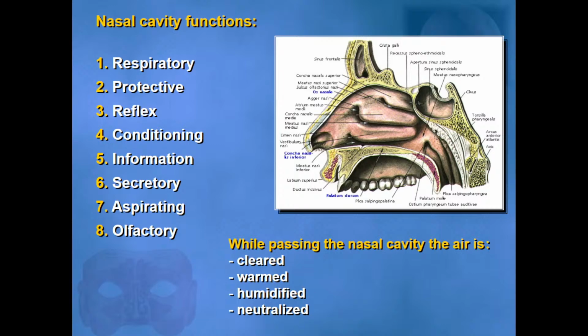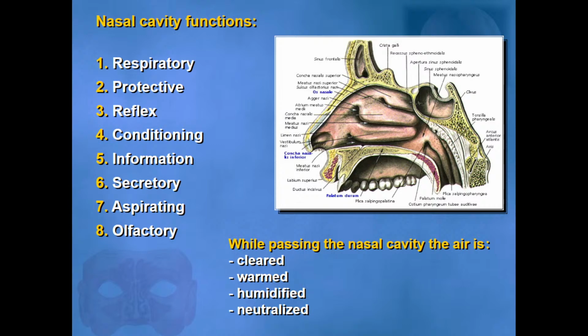Reflex is sneezing, because sneezing is also a protective mechanism for removing big particles, for example, dust. Conditioning is also a very important function, because only if you breathe with the nose can the air be adapted to the temperature of your body.